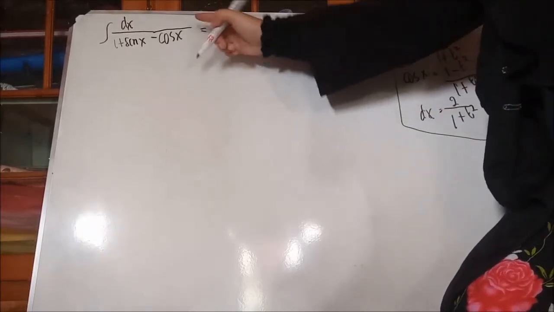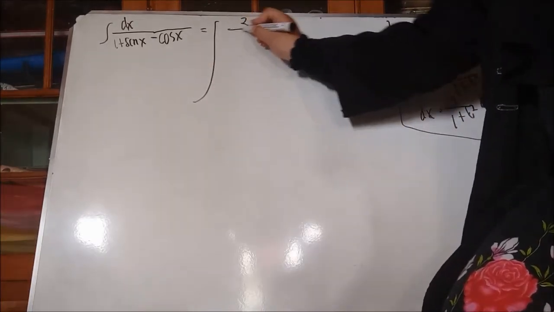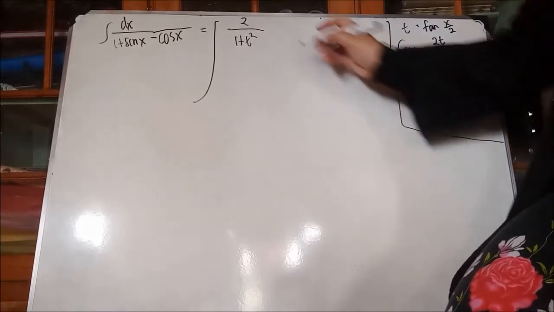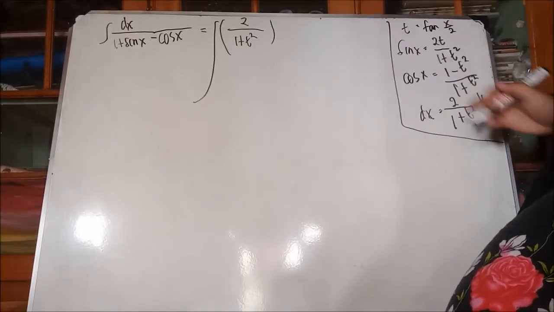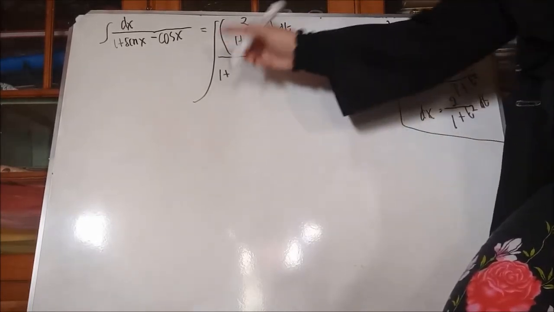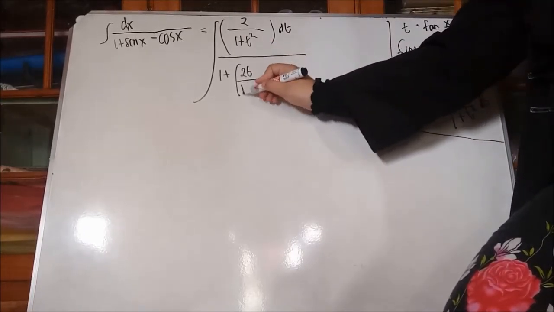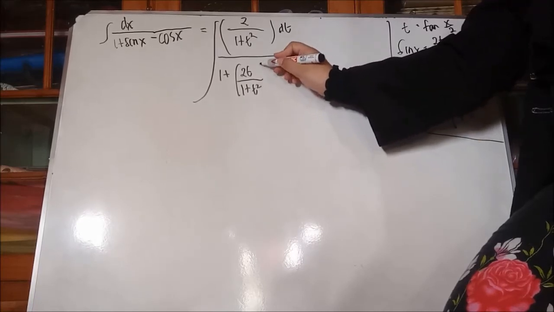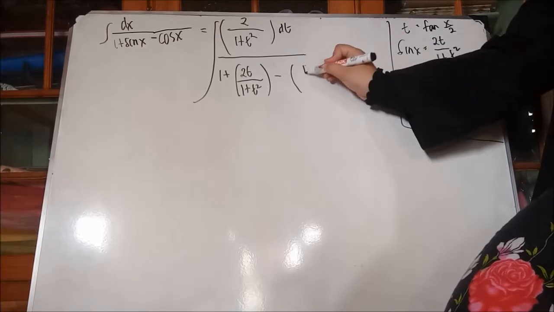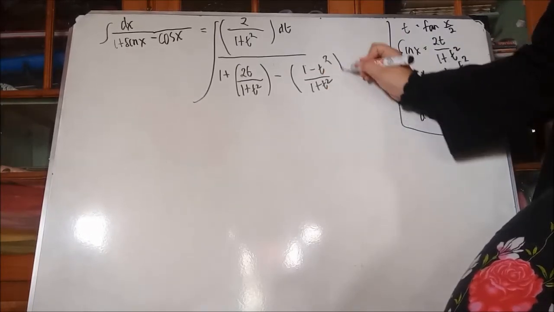Back to in here, we have the integral of 2 over 1 plus t square dt over 1 plus sin x, which is 2t over 1 plus t square, and then minus cos x, which is 1 minus t square over 1 plus t square, right?